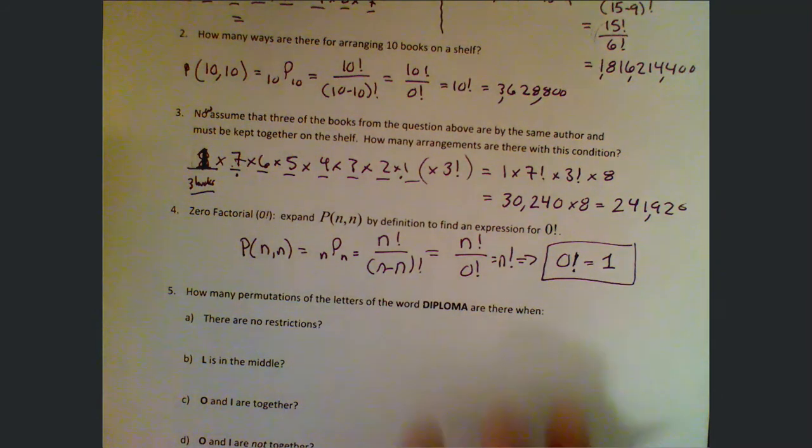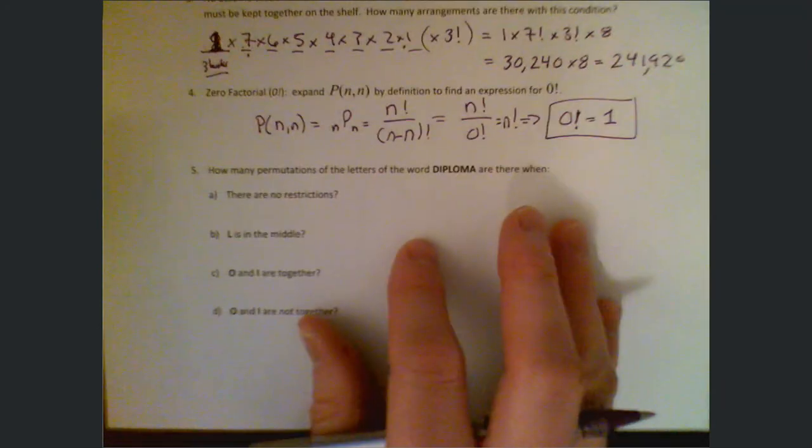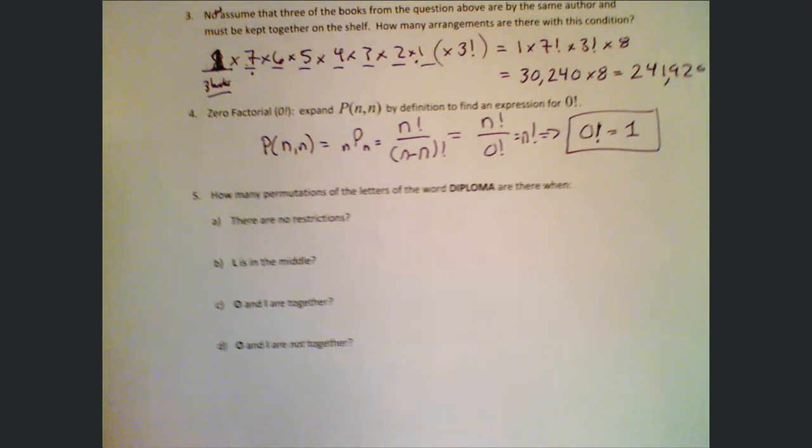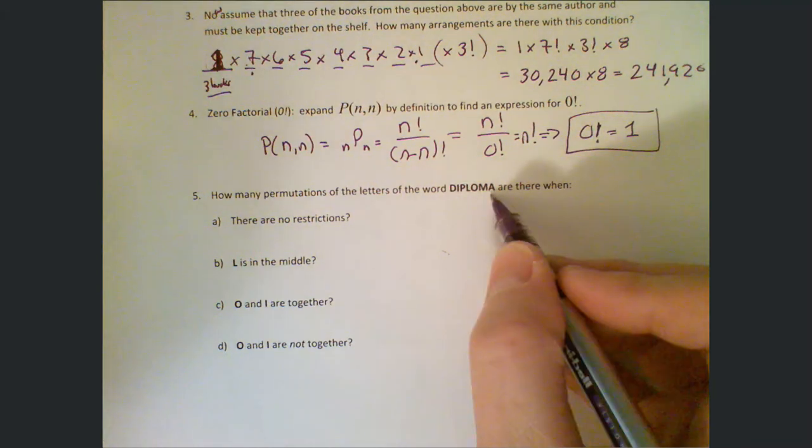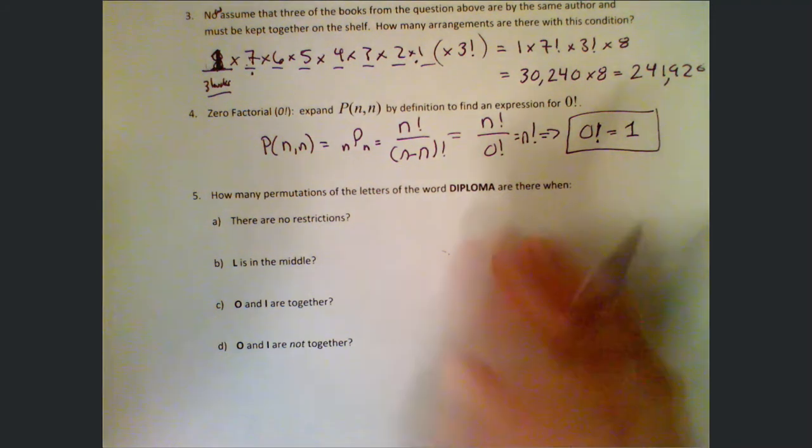Okay, let's go one step further and take a look at the next problem, which is how many permutations of the letters of the word diploma are there when there are no restrictions? No letters are repeating, which is important for this.